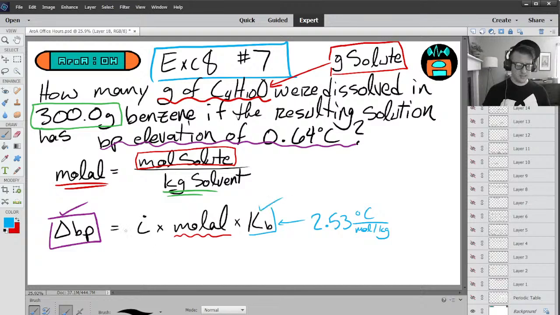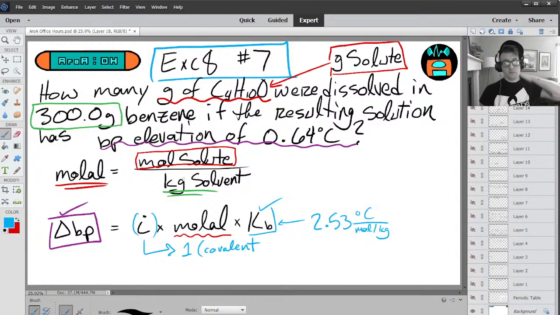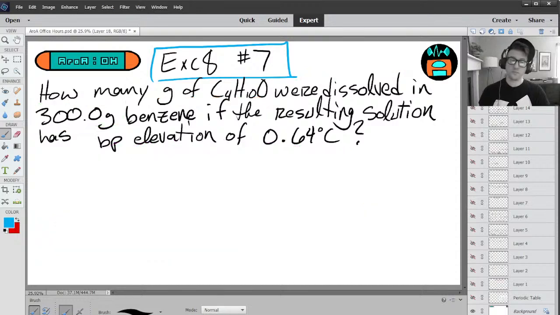So we got this. I, because this is a covalent compound, is equal to 1. Which means we can use this equation to find molality. Once we find molality, we can find moles of solute, and then we're there.